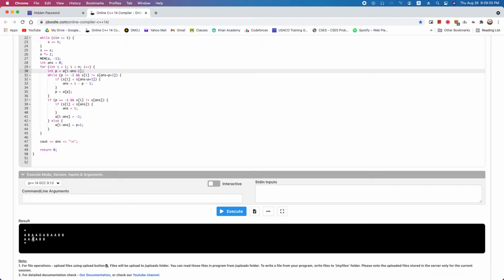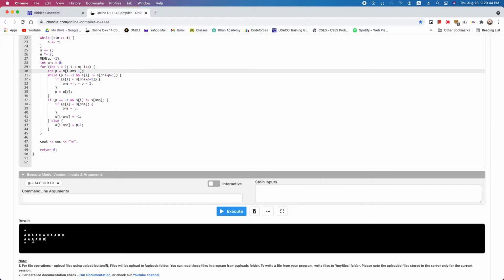The same applies for three A's and four A's. Then for the two B's, if we include them in the prefix of this string, both will have the value of 0 because there are no prefixes that are the same as the suffix.